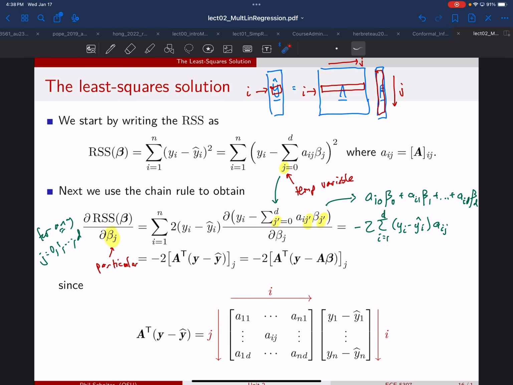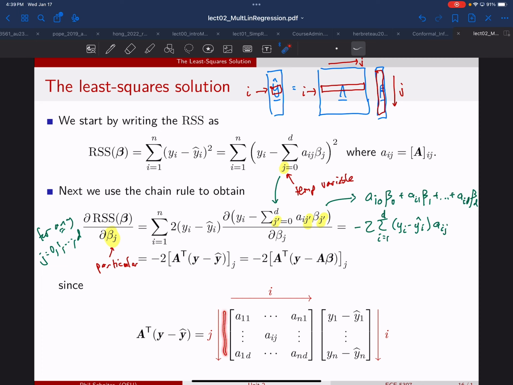So if we think about this quantity, this matrix A transpose times this, you can see that when you look at these entries, as we go across the columns, we're actually indexing across our examples, our samples in our data set. So when you see n, you know that that dimension is the sample dimension because we have a total of n samples.